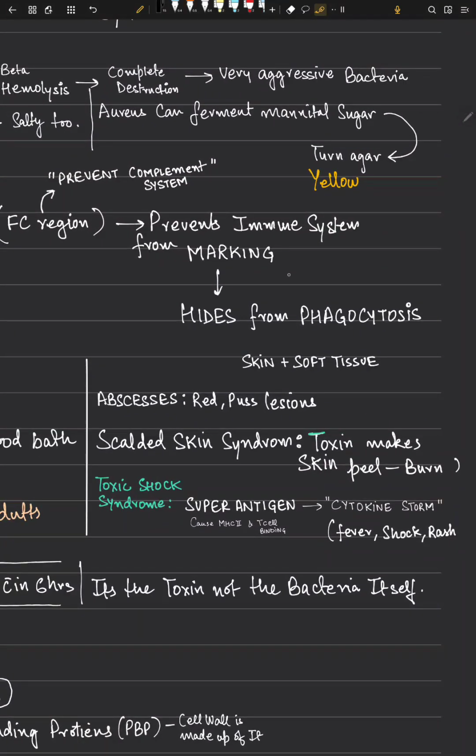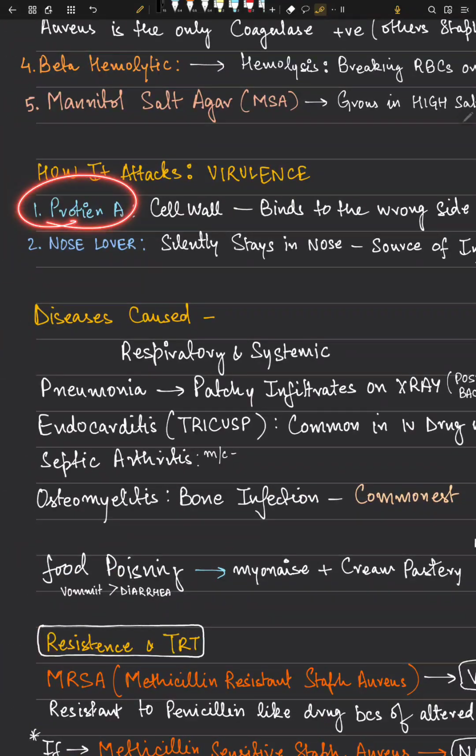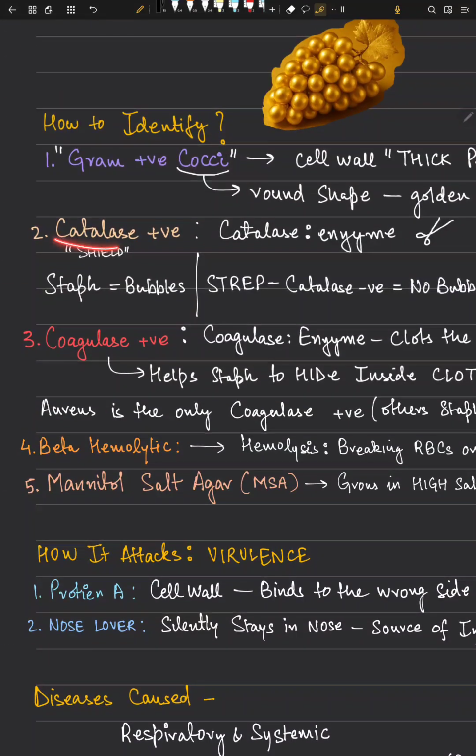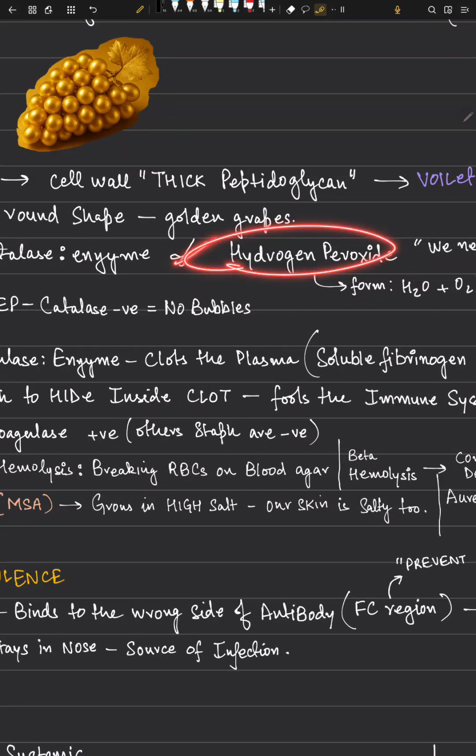So we know two ways from this bacteria. First, it hides itself from the complement system with the help of protein A. The other is the catalase system. It has the catalase enzyme which breaks down hydrogen peroxide.